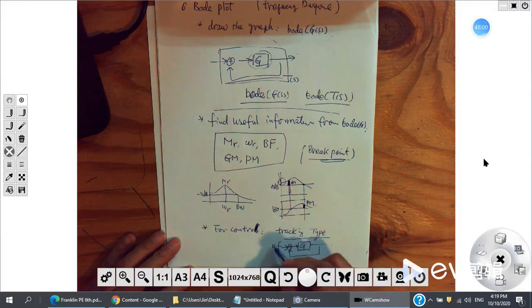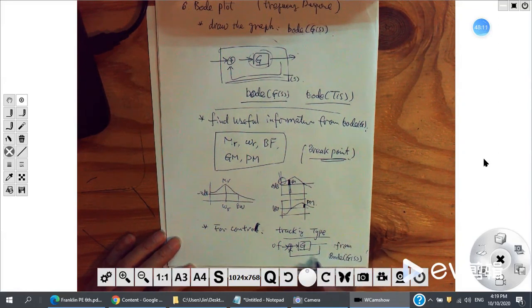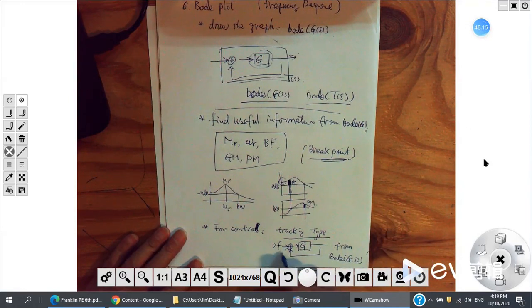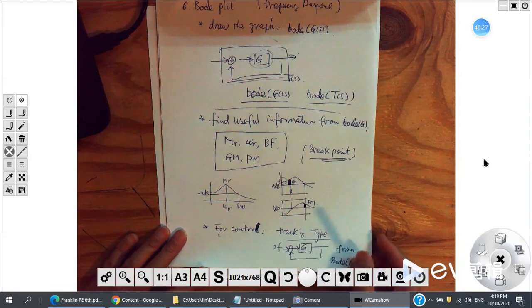You find this tracking type from the bode plot of G, and not from the bode plot of the overall system, just from G. Then you can have the tracking power. You can have the tracking type. And this tracking type sometimes is useful when you design some control thing, right? Add some controller or something. Yeah. And this is one.